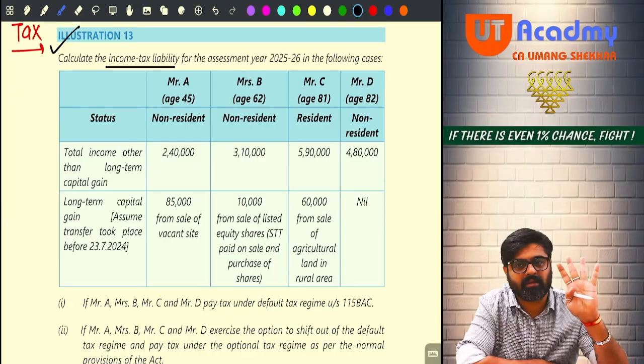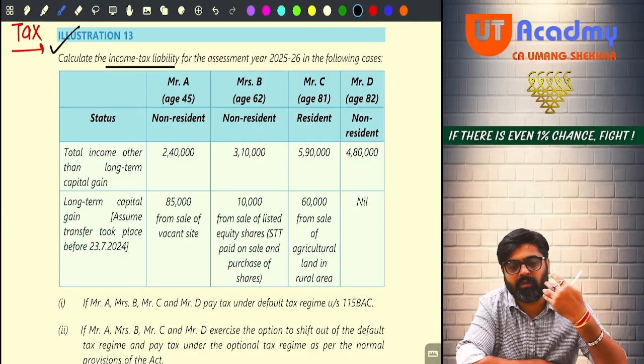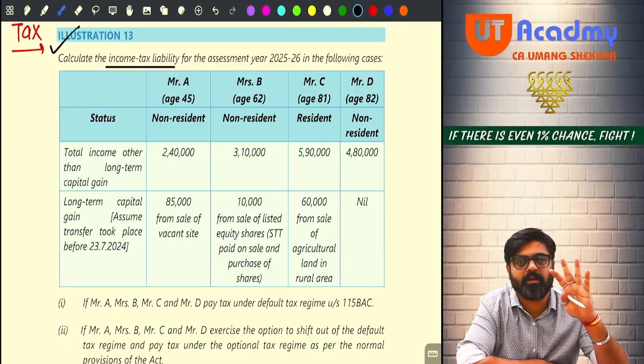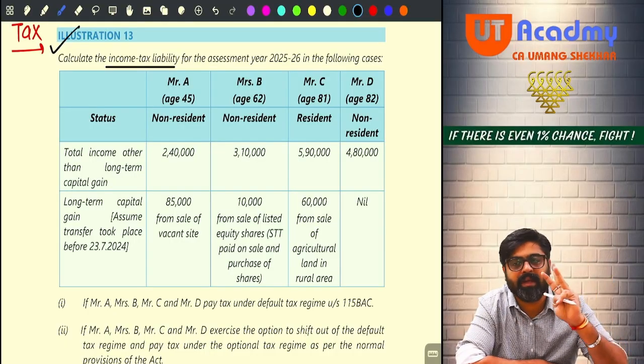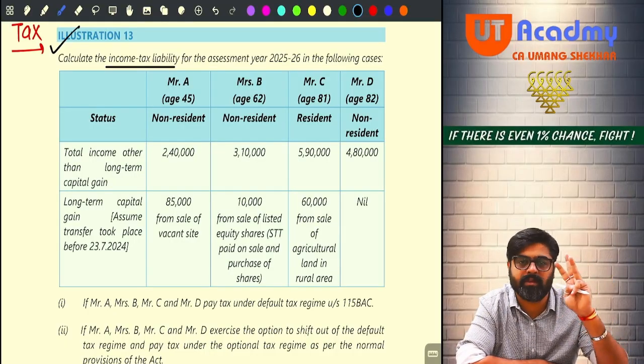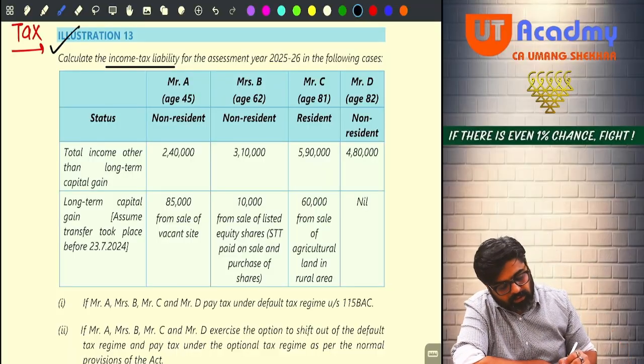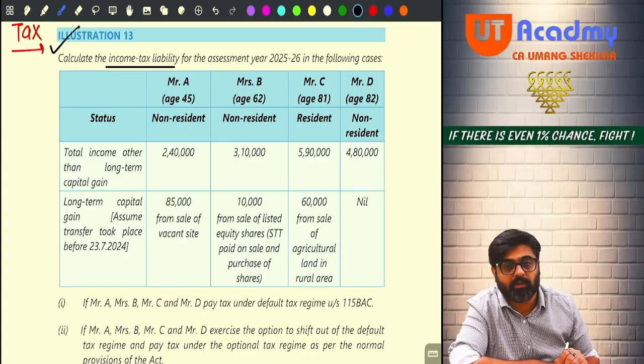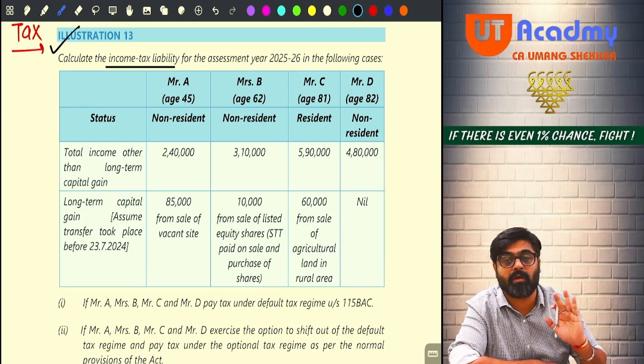No higher basic exemption limit. Even if you are a resident, even if you are a non-resident, if you are a senior citizen, if you are a super senior citizen, it will not make any difference. The basic exemption limit for all will be 3 lakhs only. Okay. So remember, on your total income, which is other than long-term capital gain. So the total incomes are given, and this total income does not include your long-term gain.